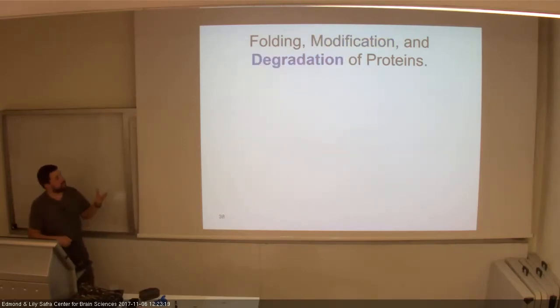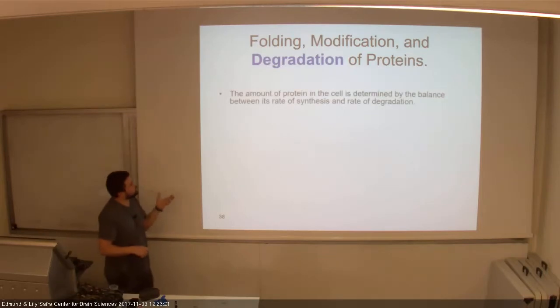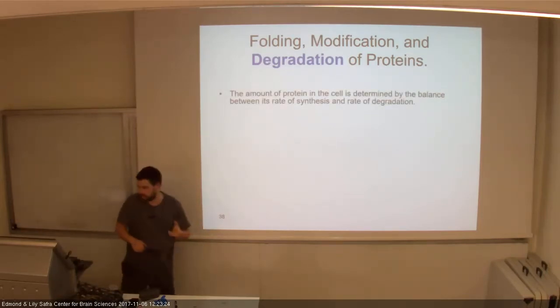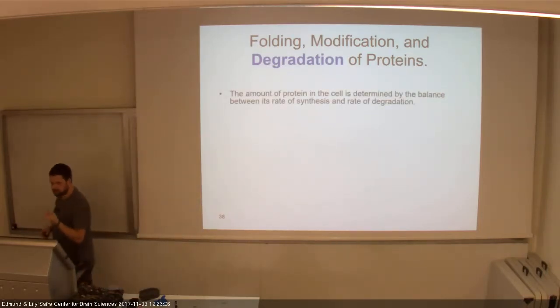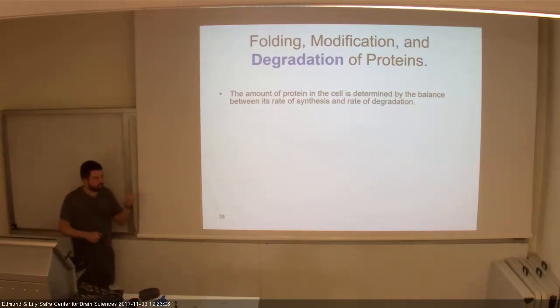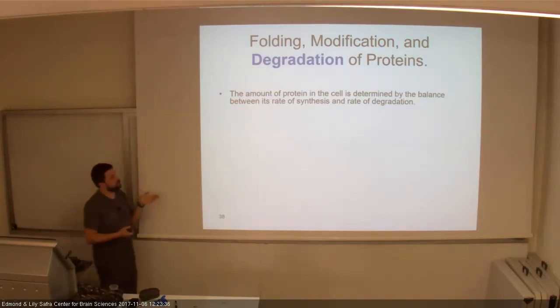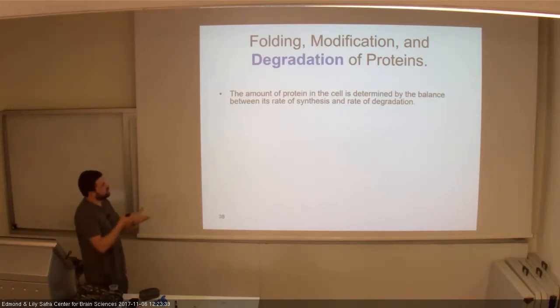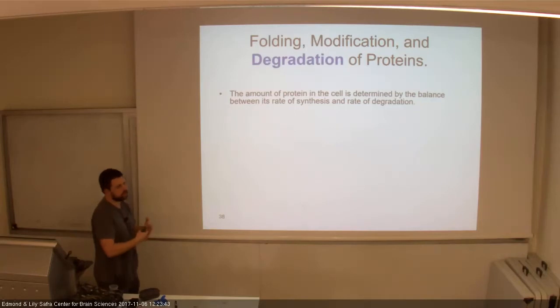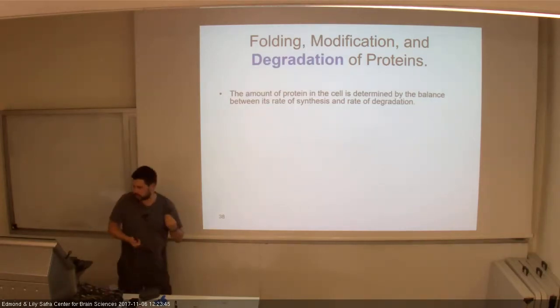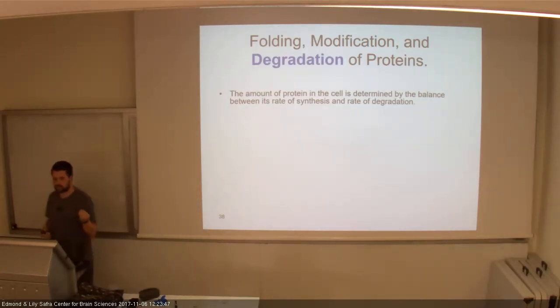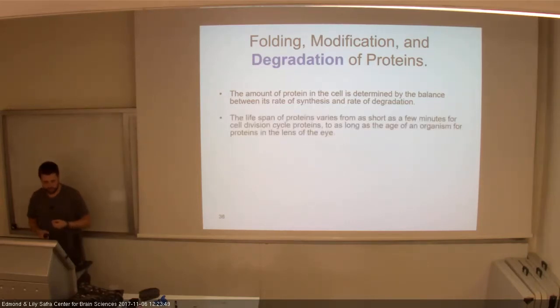And finally, a few words about degradation. The rate of degradation of the protein is very important to determine what the concentration or level of the protein inside the cell is, because obviously the amount of protein in the cell is determined by this balance between the rate of production and the rate of degradation. Okay, so degradation is one of the key factors that determines the concentration of certain proteins inside the cells.